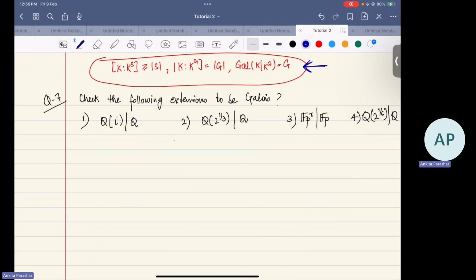So first of all, when do we say an extension is a Galois extension? This is the first thing.